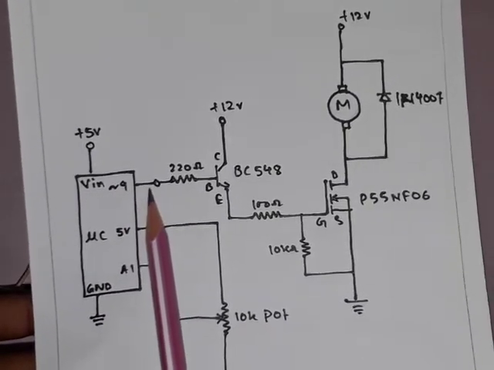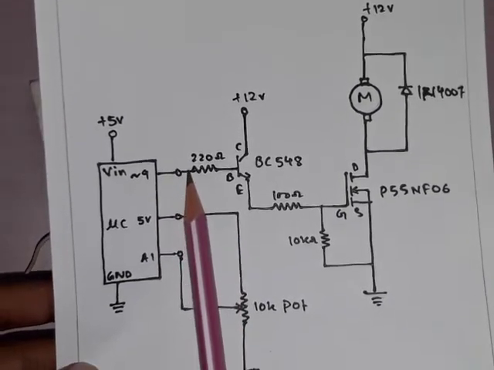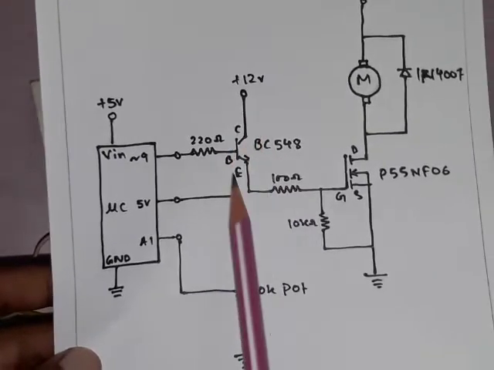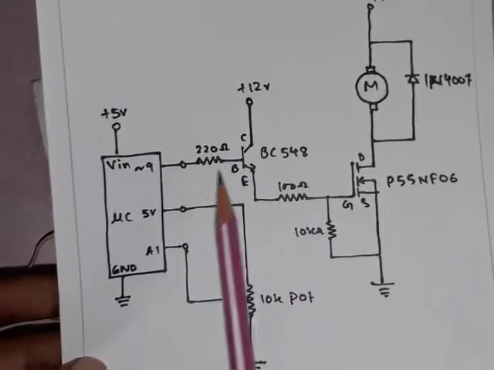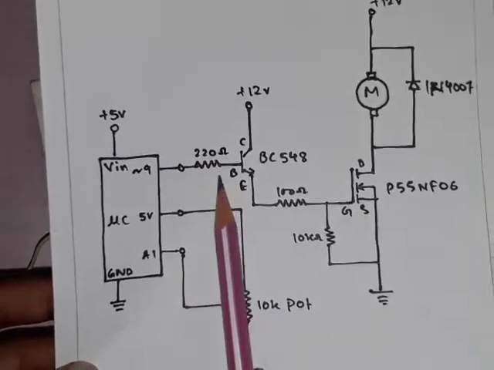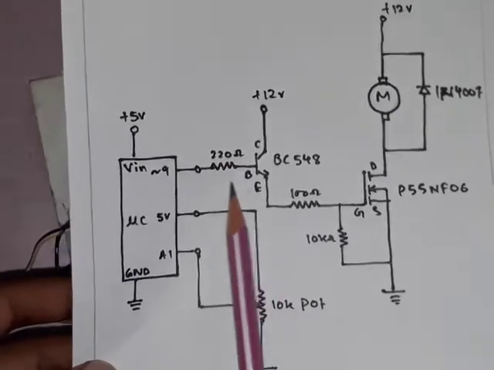Pin 9 is connected to the base of the NPN transistor through a current limiting resistor, that is 220 ohm. This current limiting resistor I have provided to limit the base current.